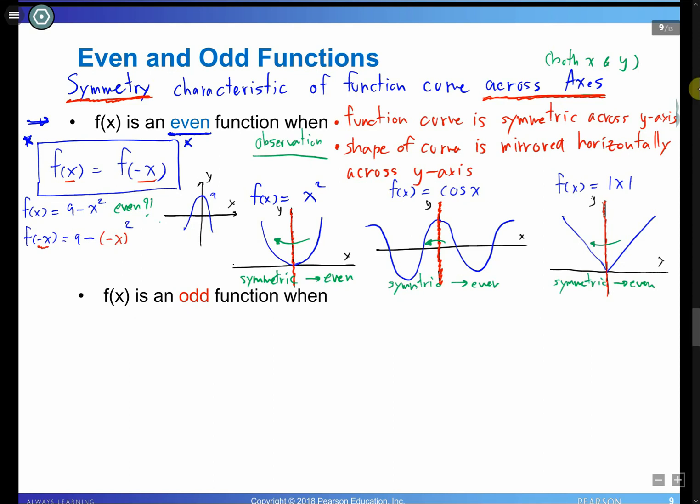Now in the end we have 9 minus x squared, because the minus x squared becomes positive. So f(-x) equal to 9 minus x squared, and it turns out to be equal to the function of x too.